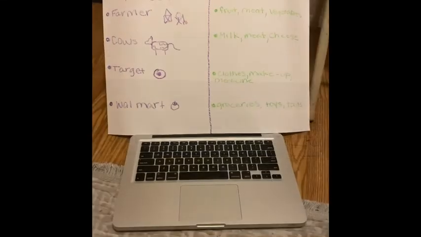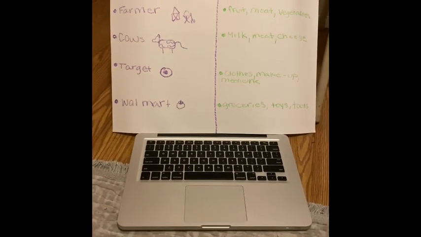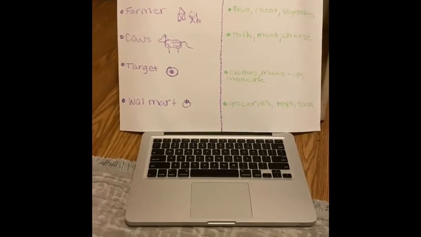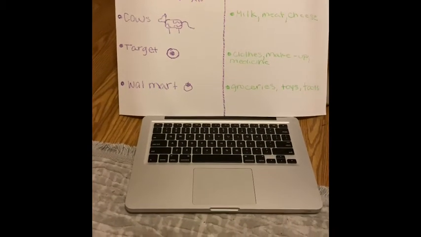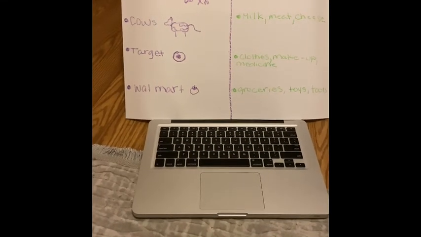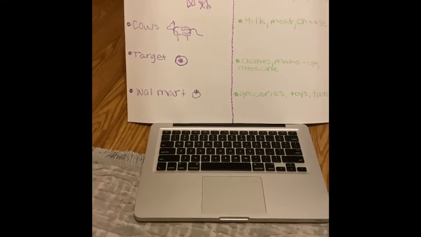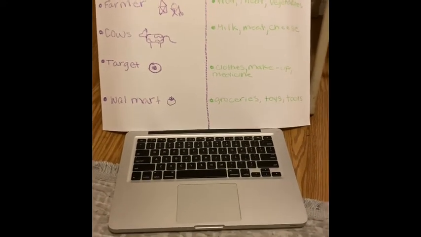This is what their let's be creative foldable would look like. So their producers: farmer, and there's a picture. There's a cow and there's a picture. Target with the Target symbol, Walmart with an apple next to it because I assume most kids will associate groceries with Walmart.